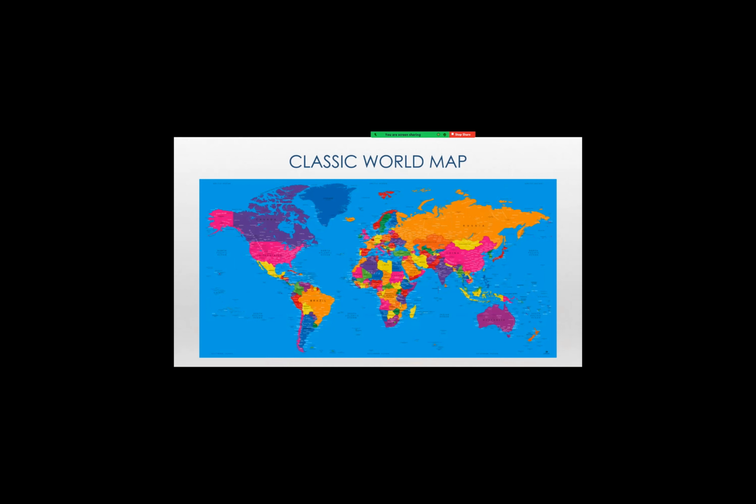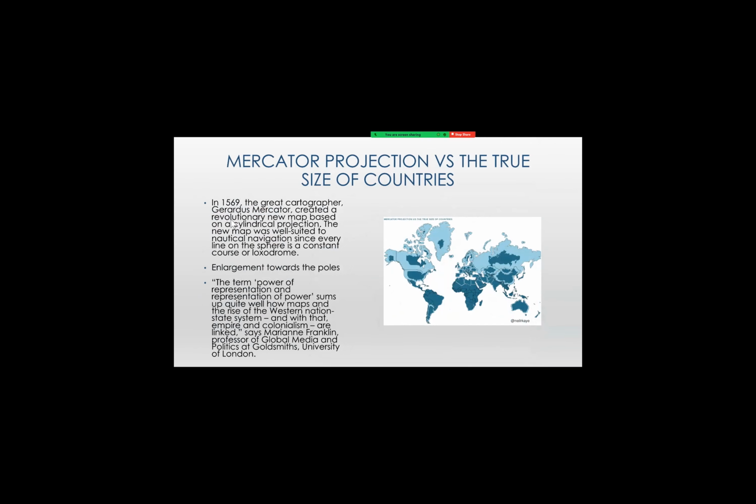So this is a classic rendering of the map that we all learned throughout our academic education. This, however, is not an accurate representation of the scale or size of the continents. In 1569, the great cartographer, a cartographer is someone who produces maps, created the traditional map that we know.